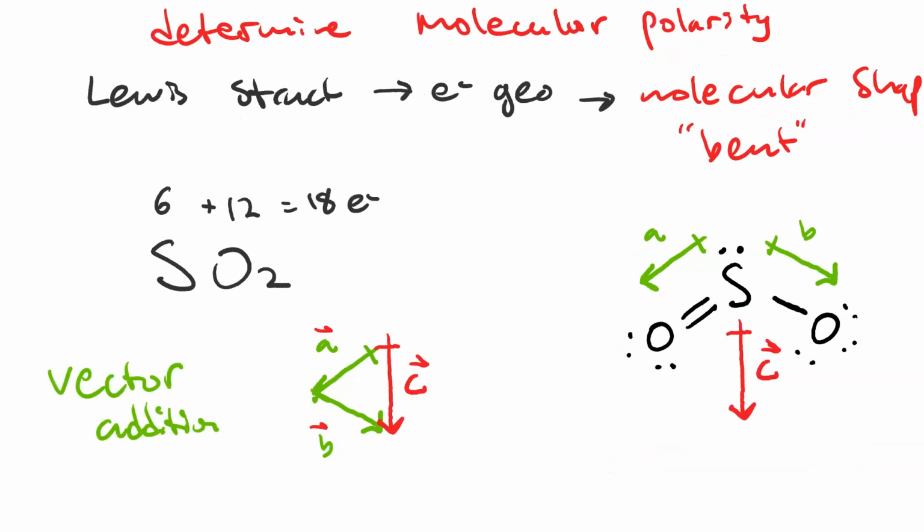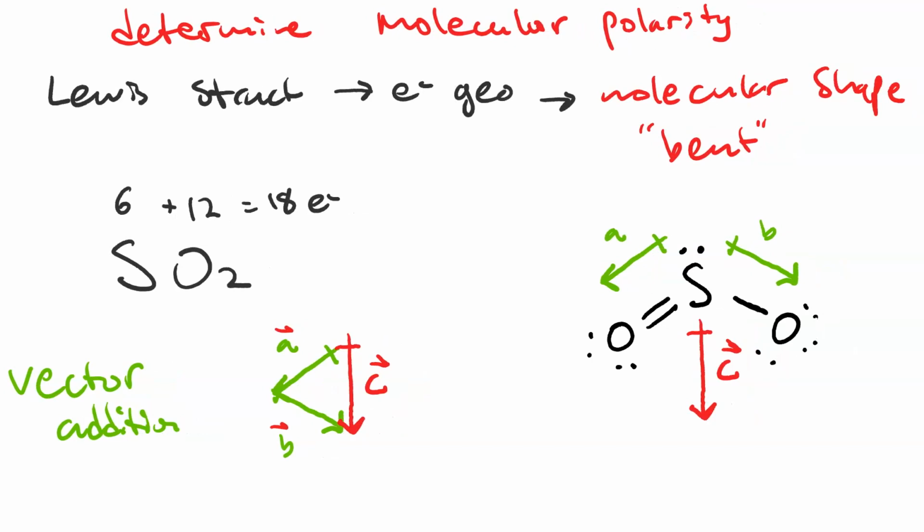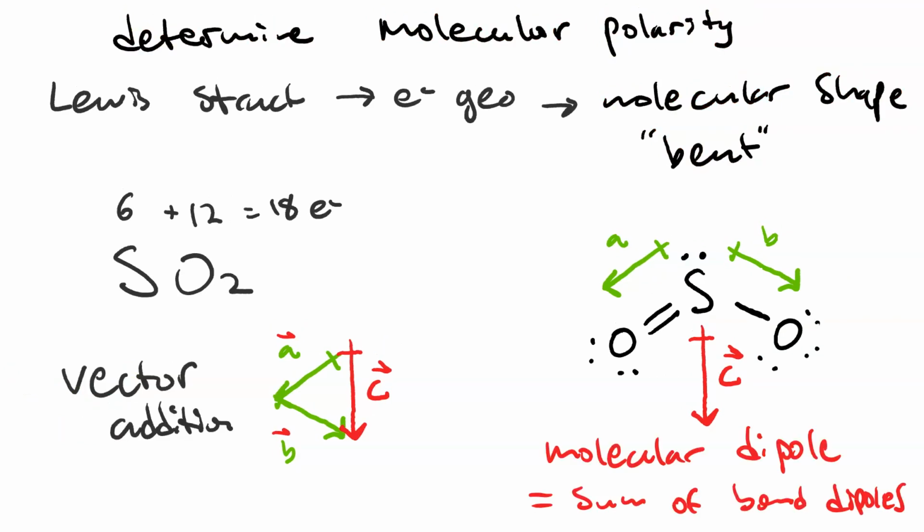In this case, dipole vector C is the molecular dipole, the sum of the bond dipoles. And the SO2 molecule contains polar bonds and the electron geometry does not match the molecular shape.